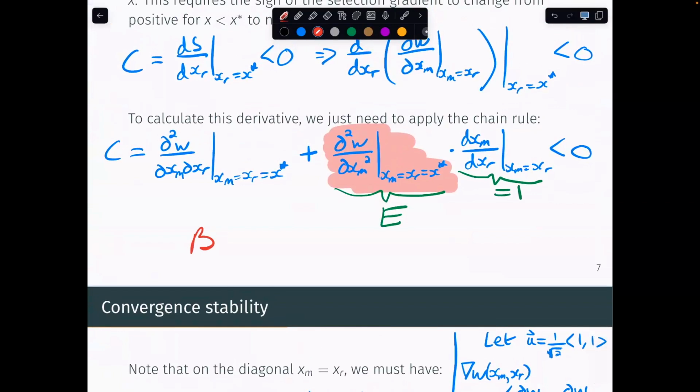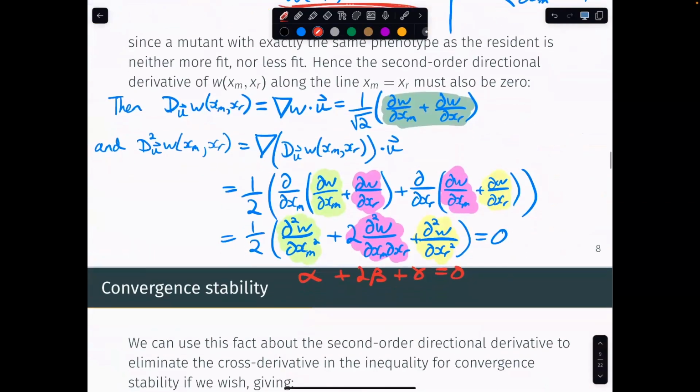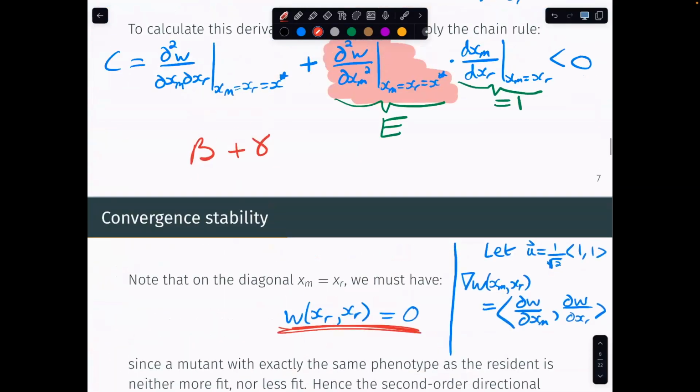And then this second one here is just the same as gamma. Note also, by the way, this is true at any point along this line, xm is equal to xr. We're going to evaluate this at our singular strategy x star. Okay. This is assuming evaluated at our singular strategy x star.